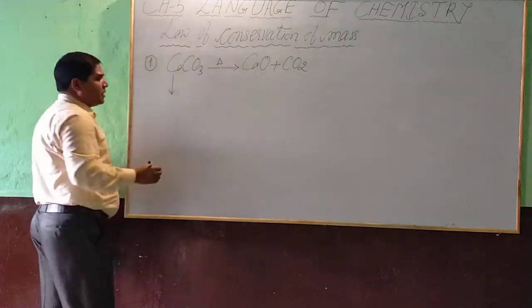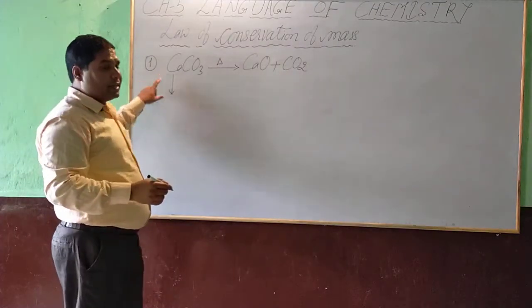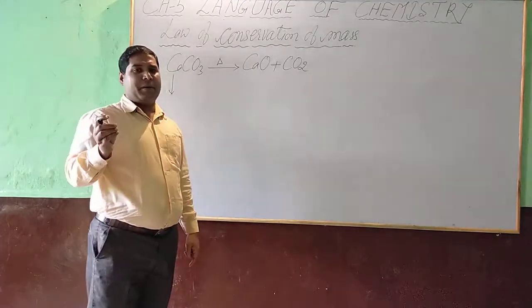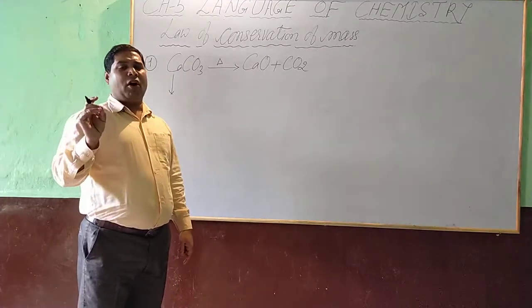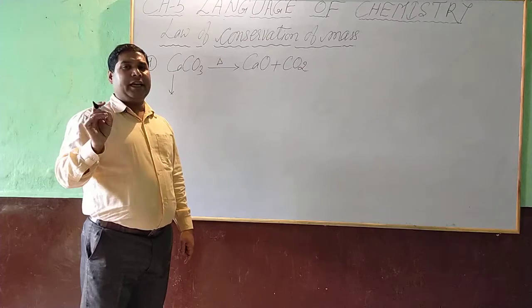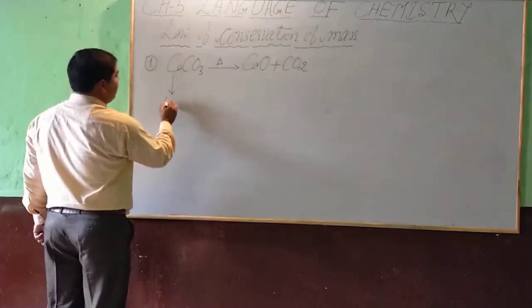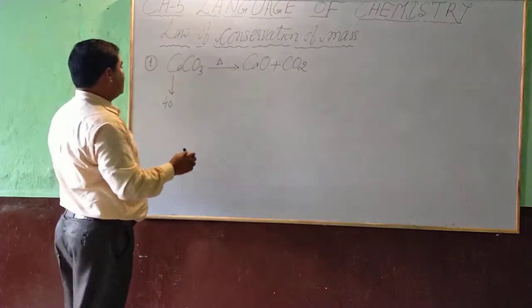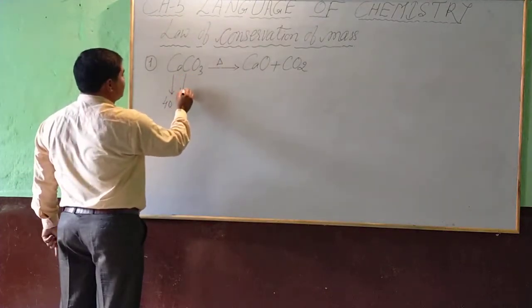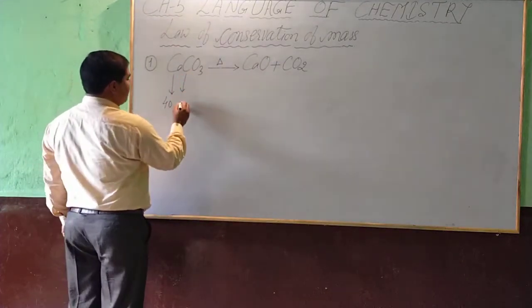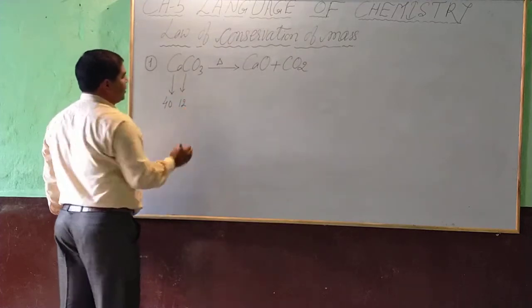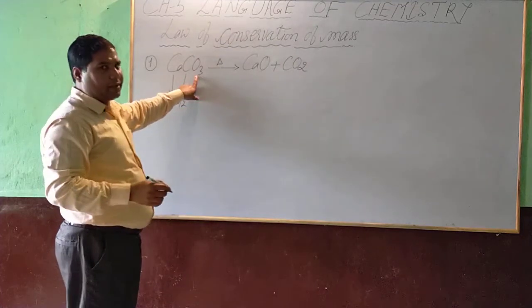What is the mass number of calcium? Dear student, as you are well aware, the atomic number of calcium is 20 and the mass number is 40. Carbon atomic number is 6, whereas the mass number is 12. Now you see here, oxygen 3.